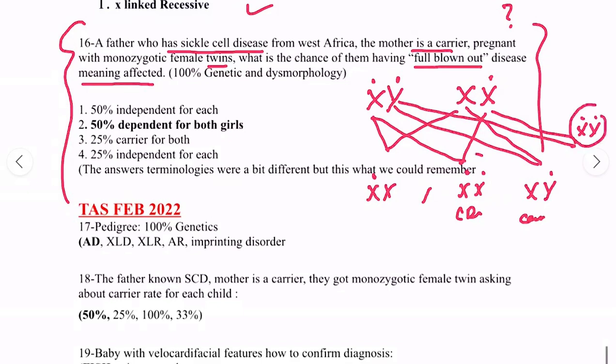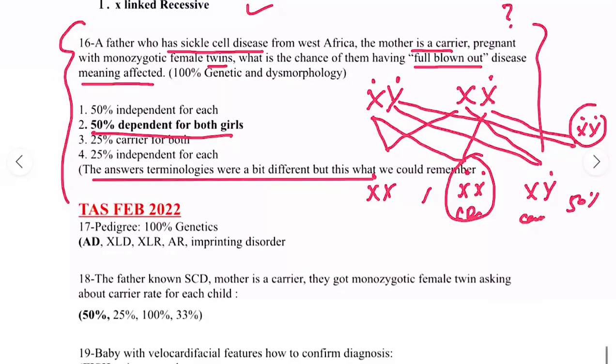So 50% chance to be diseased. Now see here, they have told the answers, the terminologies were quite different, but we could remember. So there are 50% chances for them to be diseased, independent. 50% of the girls will be diseased, and 50% of the boys will be diseased.